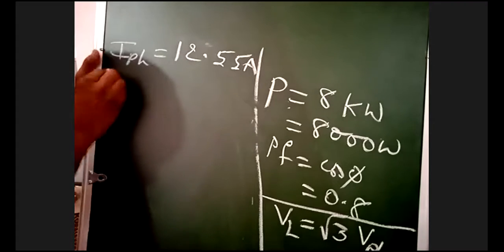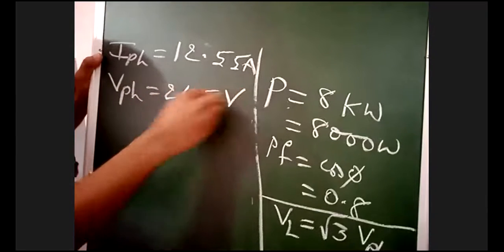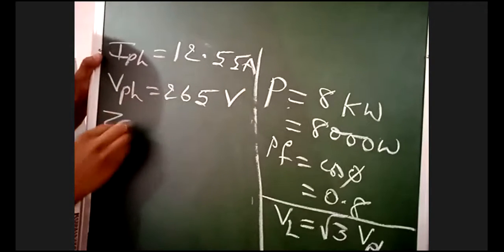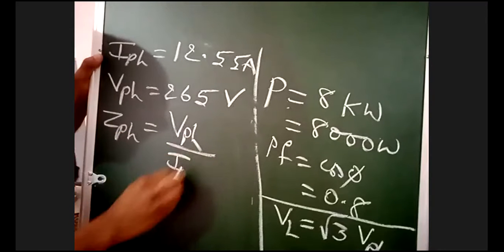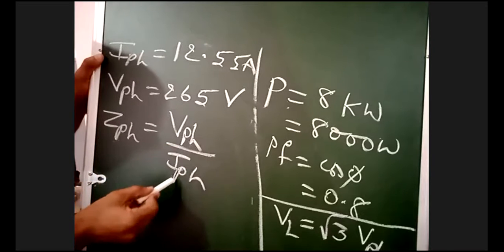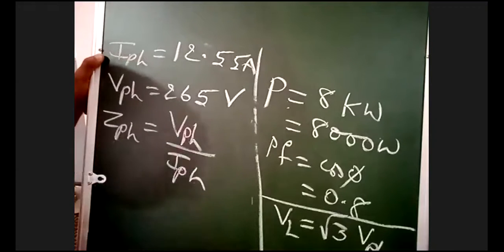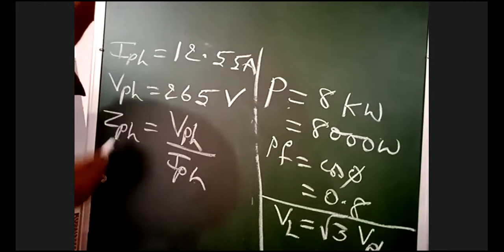Now I know V phase is 265 volts. Therefore, your Z phase is equal to V phase by I phase. There is no concept of line impedance. Only phase impedance is there. In each phase there will be phase impedance.